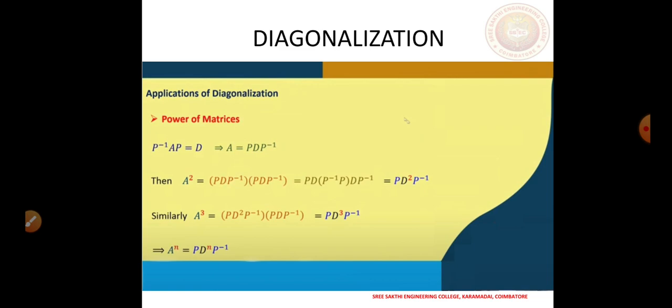We do not have to actually multiply the matrices D; only the diagonal entries will be squared. That is the reason A squared is very simple now: P D squared P inverse.